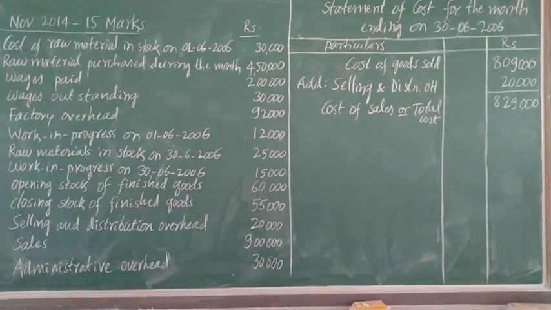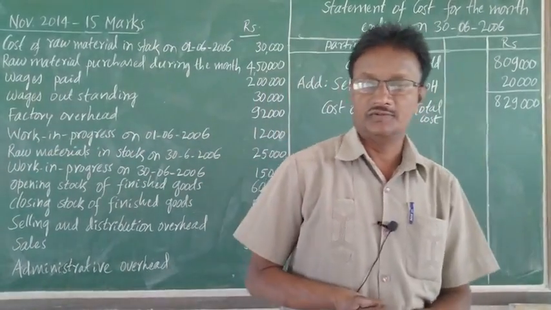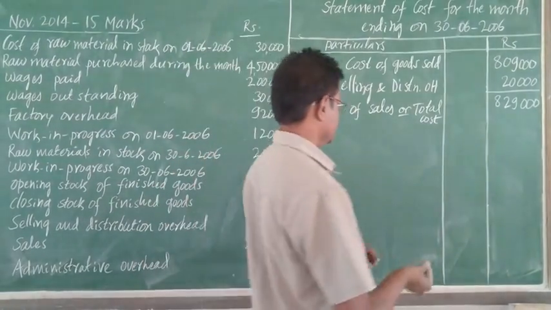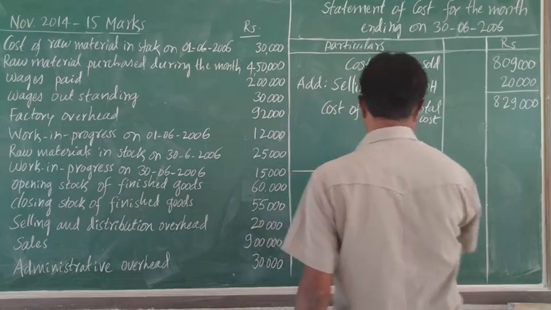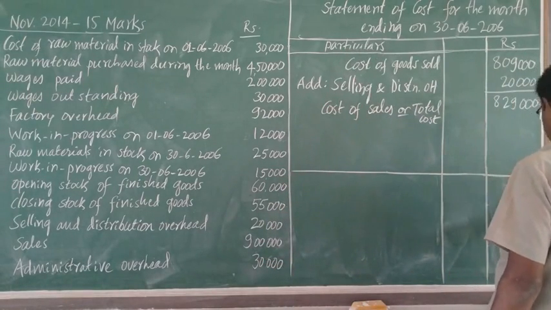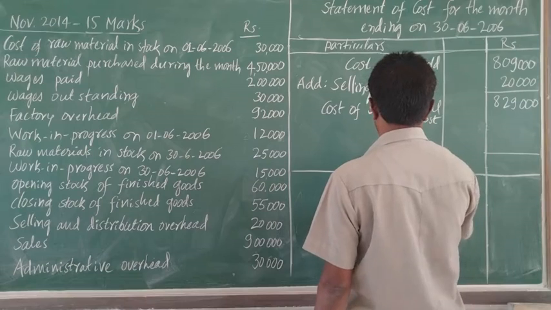And this total cost is compared with sales. If sales are more than cost, the difference is profit. So here the sales is rupees 9 lakh.